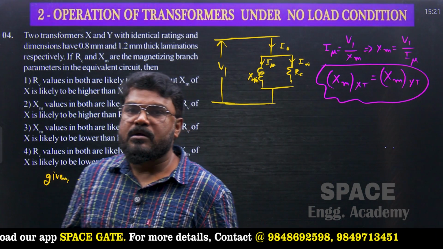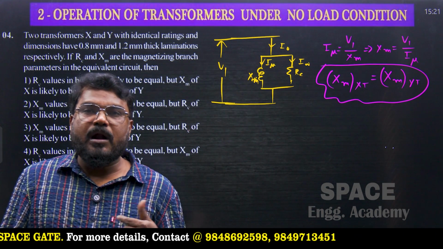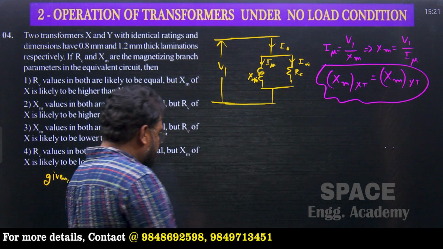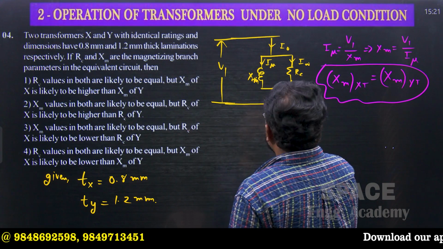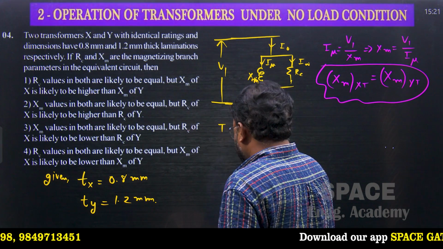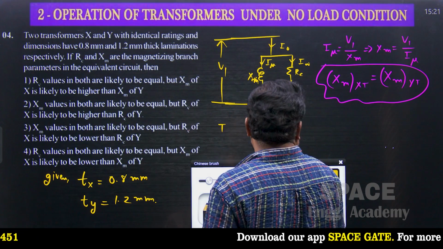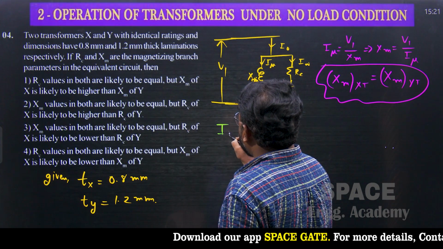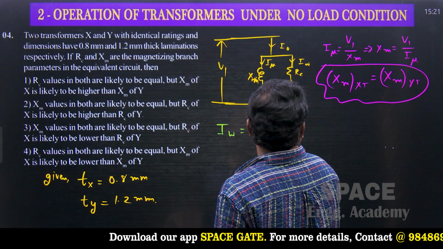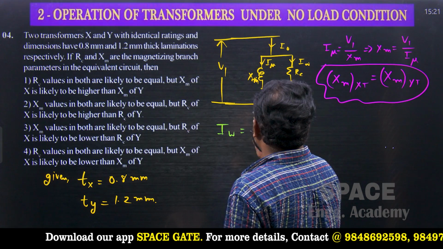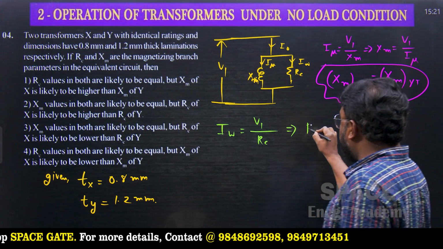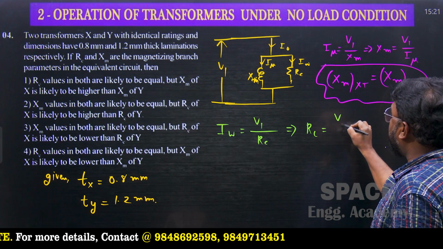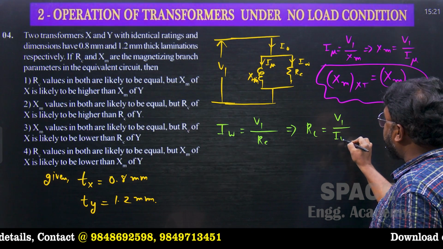But what about resistance corresponding to iron losses of the transformer? How do we calculate it? We know that the iron loss component of the current, IW, is equal to applied voltage divided by RC. So RC is equal to applied voltage divided by IW.